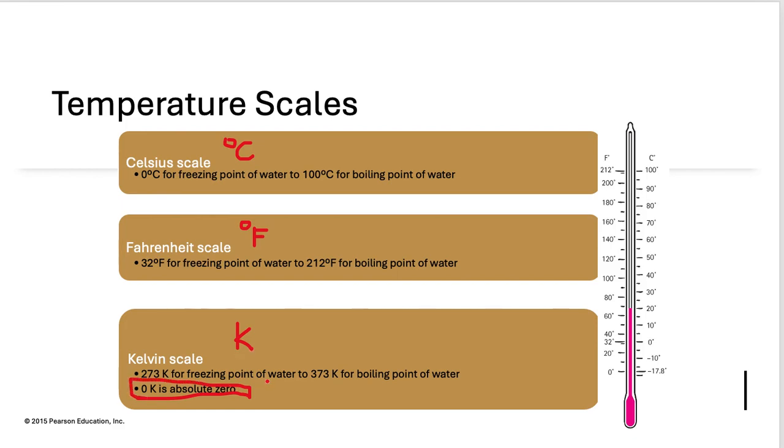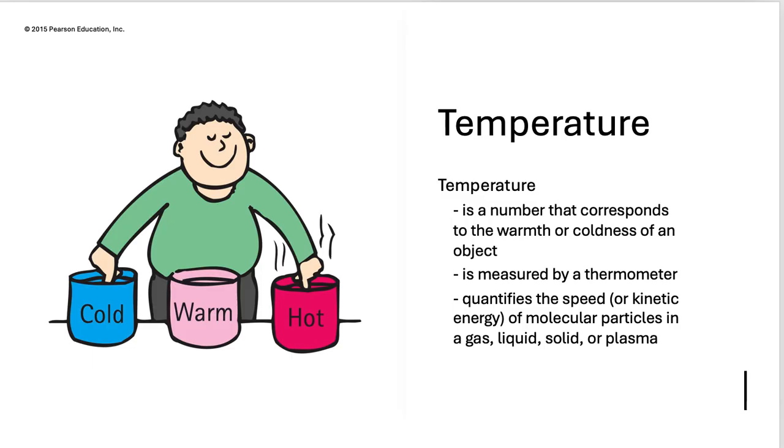What do we mean by absolute zero? Well, to understand absolute zero, we need to understand temperature. Temperature is a number that corresponds to the warmth or coldness of an object, and temperature is measured by a thermometer. But what exactly is temperature? Temperature is a quantification of the speed of molecular particles in a gas, liquid, solid, or plasma.